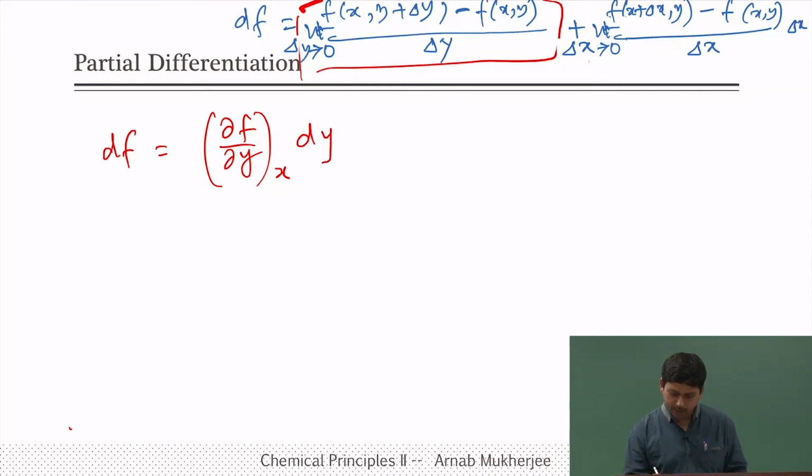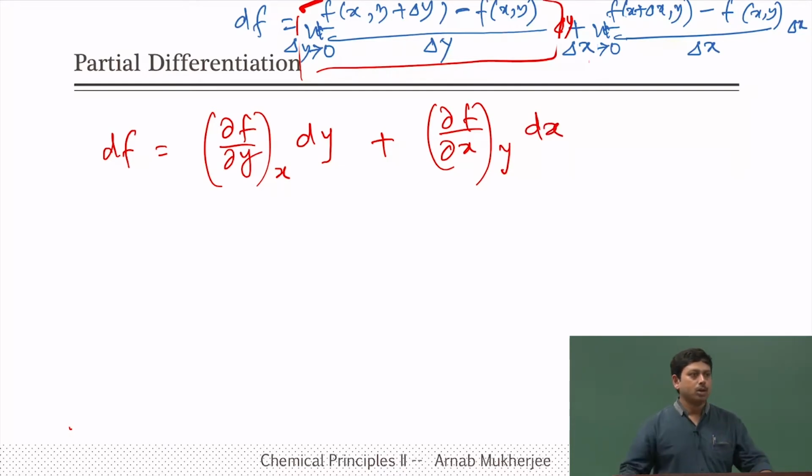Oh, I forgot to write dy here, Δy, and Δy becomes dy because we are taking Δy to be very small, and right hand side becomes ∂f/∂x at a constant y, because the y value remains constant, dx. Is it clear?